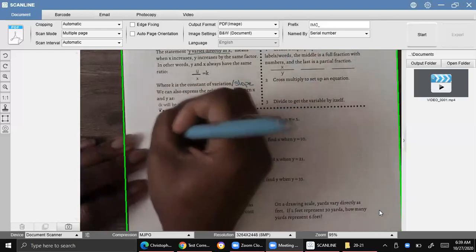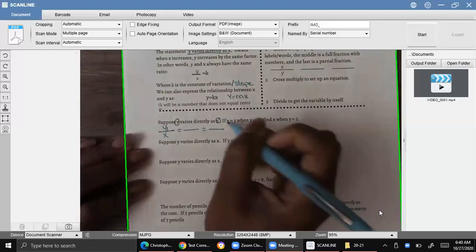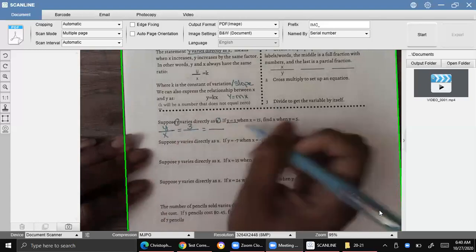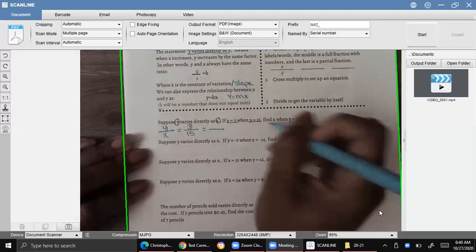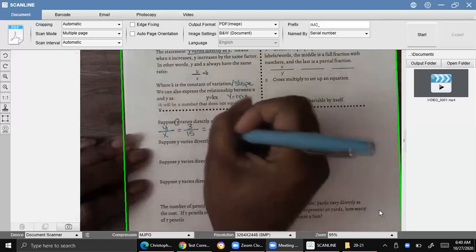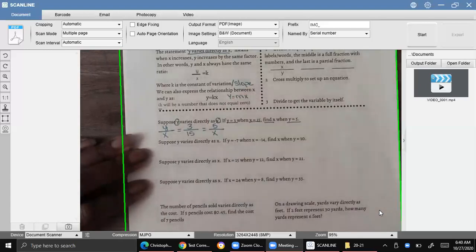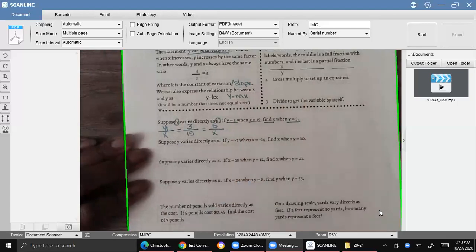So we're going to put y on top and x on bottom. And it says when y is 3, so y is on top, so I'm going to put 3 on top. X is 15. Find x, so we don't know the second x, when y is 5. So 5. Now that we have this set up, the second step is to cross multiply.